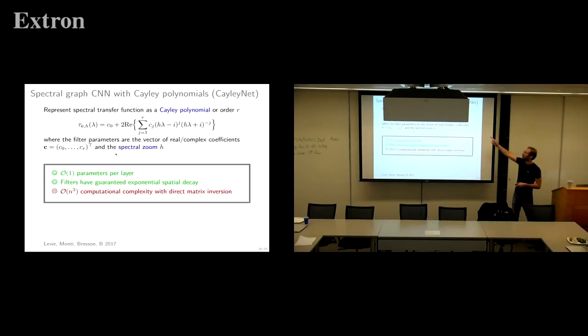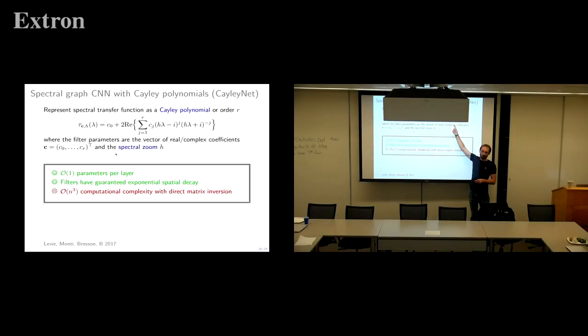So again, if we consider these Cayley polynomials, the coefficients in this case can be complex, not real. We still have a constant number of such parameters. The filters do not have compact support anymore, but they decay exponentially fast in some sense that we can define. It doesn't matter. Now, explicit computation: here it's applied to a matrix.